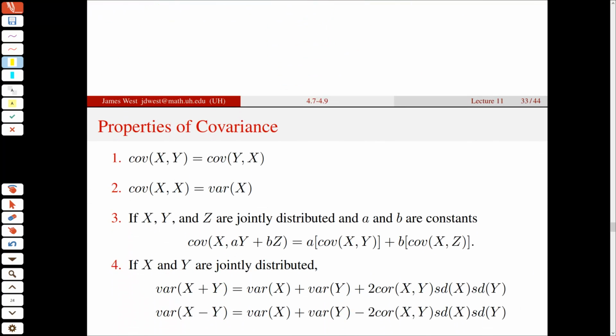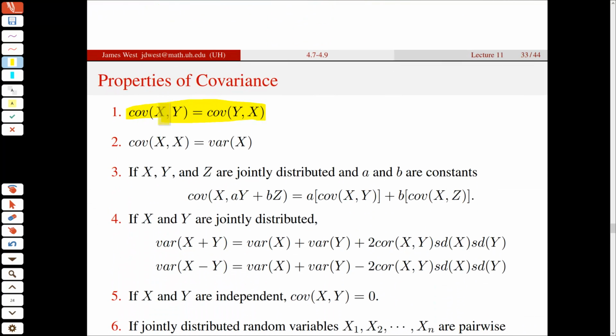Some quick properties. Order does not matter.